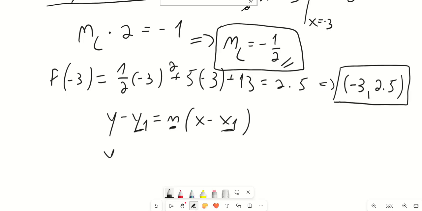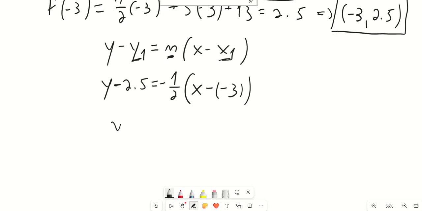So I get here y minus 2.5 equals -1/2 times (x + 3), and if I simplify it, I will get y = -1/2 x + 1. And this is exactly what we needed to show in part C.